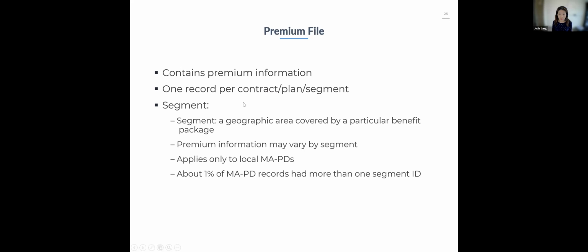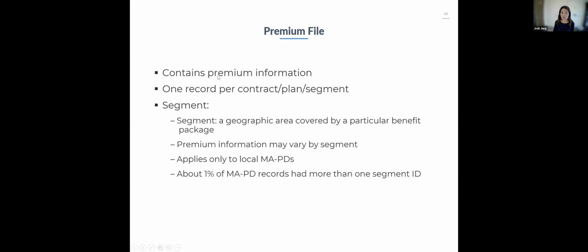So you can see here that they have the same contract ID, same plan ID. That plan ID defines the benefit package, which means that you have exactly the same deductibles or copayment or tier structure or co-insurance, but depending on the area, it's usually county. Depending on which county you live in, you may have a different premium.